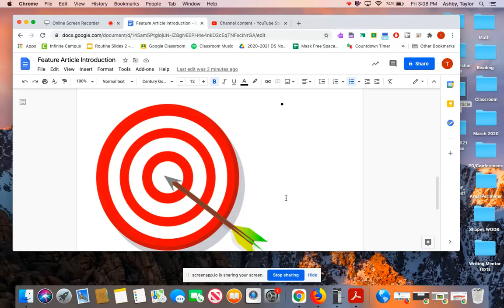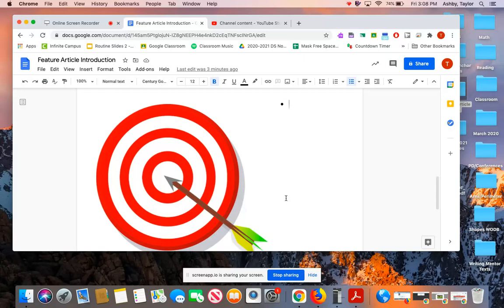You might have to do some research, and that's okay, but you don't want to spend every single day doing a ton of research, because that's not our purpose as writers for this genre. We want to pick a topic that we know a little bit about so that we can do some research and then spend the rest of our time writing our article.